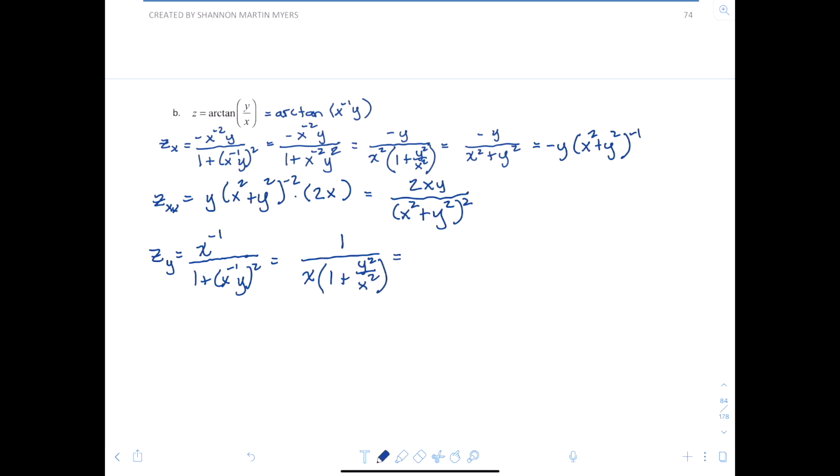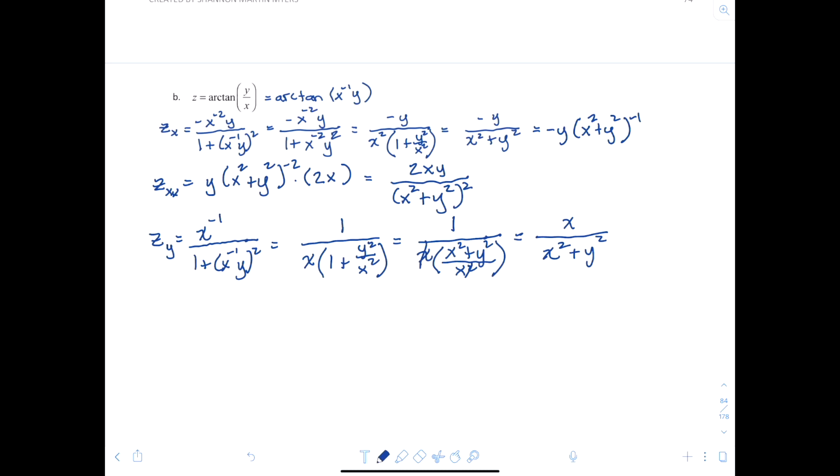And that in turn will be 1 over x. I'm going to get a common denominator, so we would have x squared plus y squared over x squared, right? And so this will divide out one of these. And so at the end of the day, inverting and multiplying, I believe, we will have x over x squared plus y squared. Hopefully I did the algebra right.